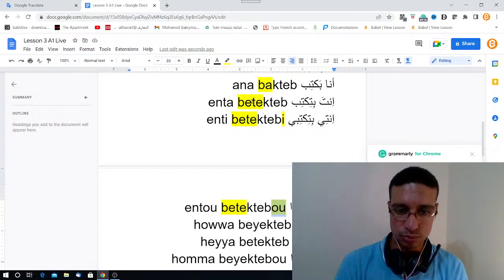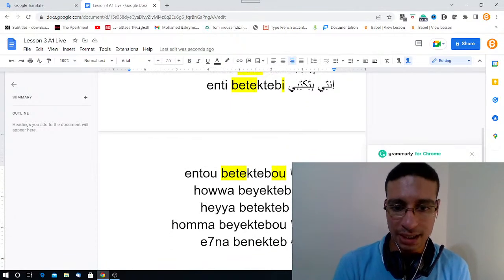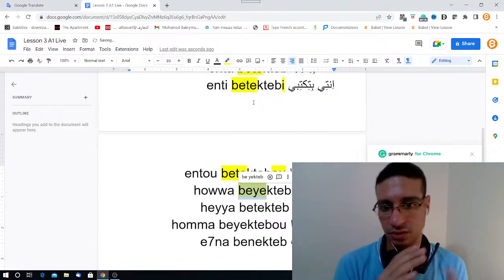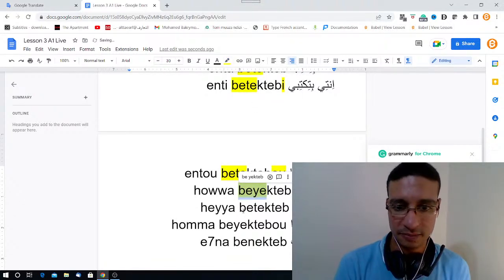أنتوا بتكتبوا, هو بيكتب, this is the conjugation, هو بيكتب, هي بتكتب. هما بيكتبوا.